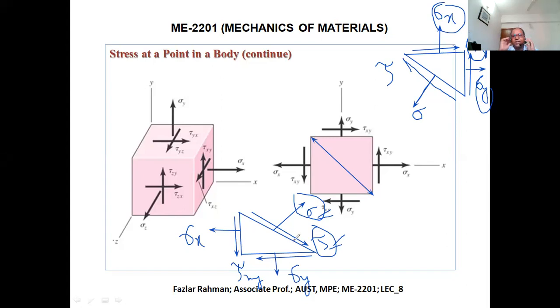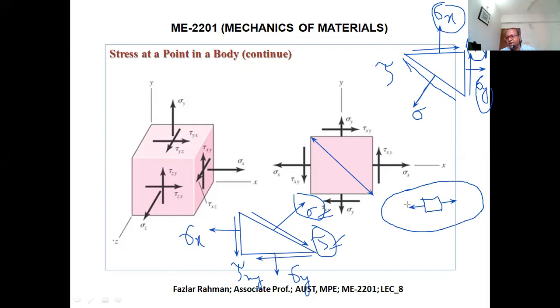So what I'm saying is that if we know this sigma and tau, say you have a pressure vessel, this kind of pressure vessel. At the top surface, you take a rectangular chunk. So along the horizontal direction, there will be longitudinal stress.